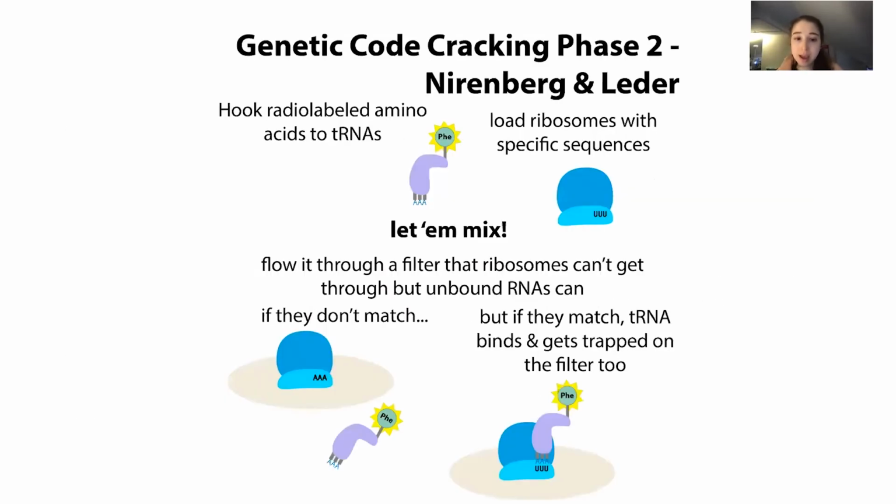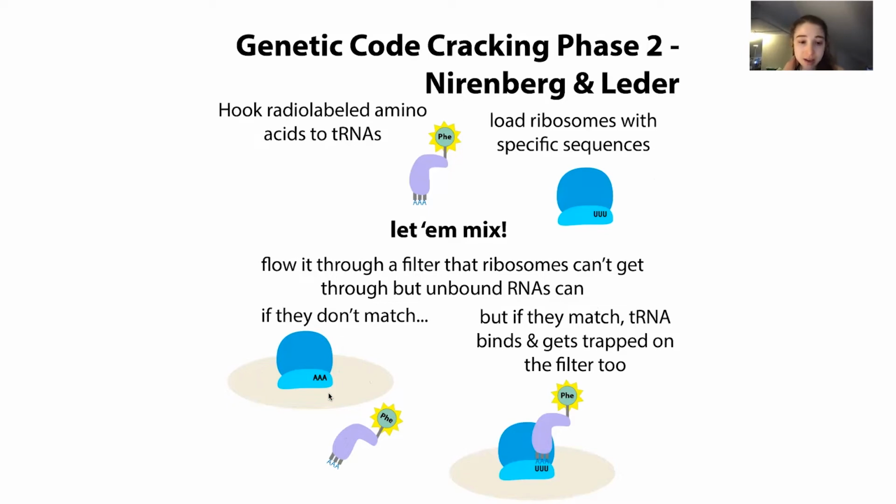So could they load ribosomes with specific sequences, add radiolabeled tRNAs, and then mix them and see if they bind? They can see if they bind using filters that the ribosomes can't get through, but the unbound RNAs can. If they're bound, you'll see the radioactivity on your filter.